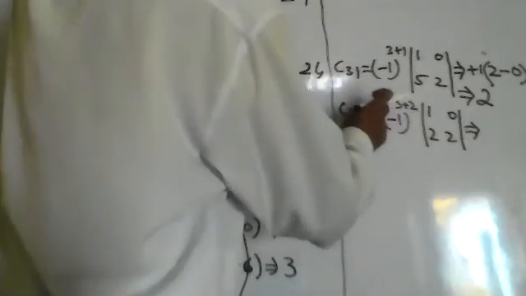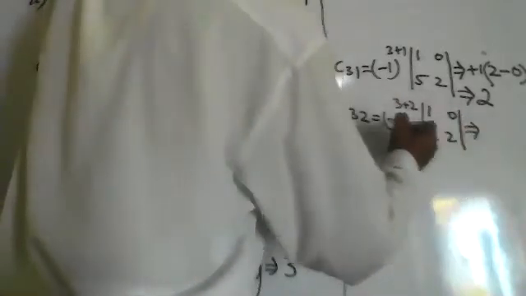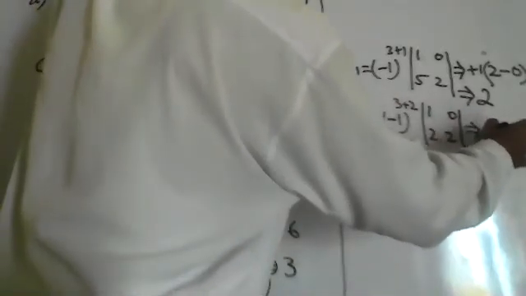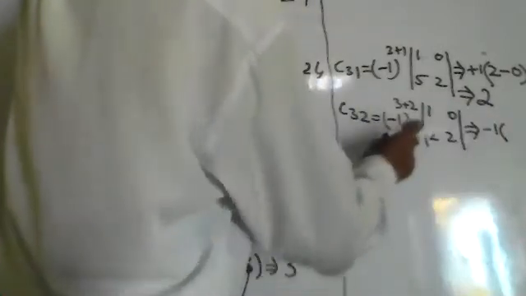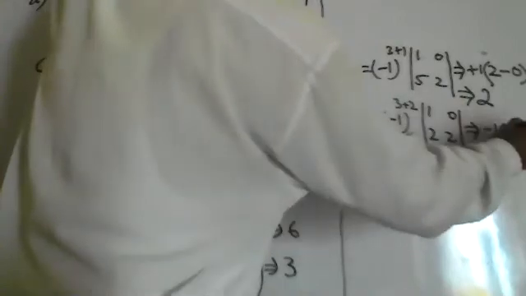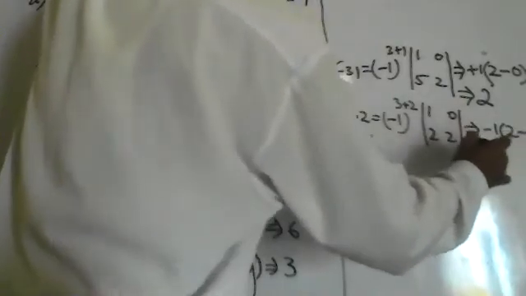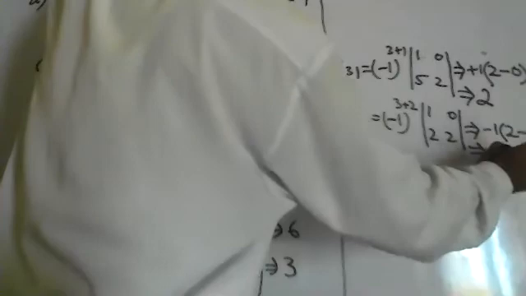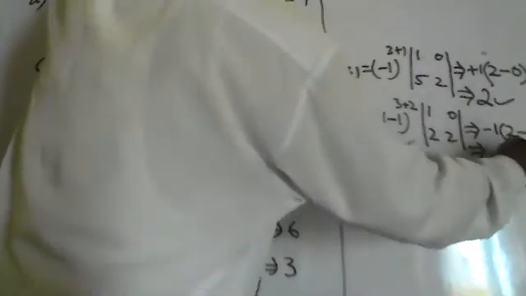Minus 1 raised to power 3 plus 2 will be 5. Minus 1 raised to power 5 will be minus 1. Into 1 into 2 will be 2. Minus 0 into 2 will be 0. The answer is minus 2. That is C32.